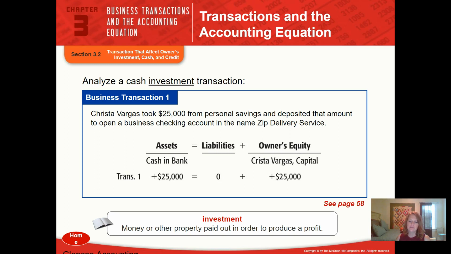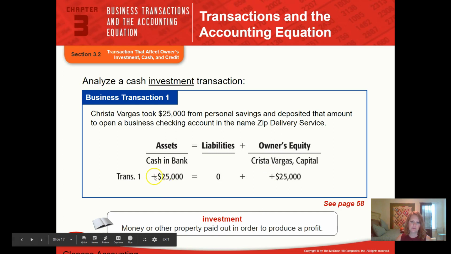So you can see here that Krista Vargas has an addition of $25,000 and cash increased by $25,000. Now what's important here is that on both sides of the equal sign, we've got a plus and a plus, meaning our equation is in balance.